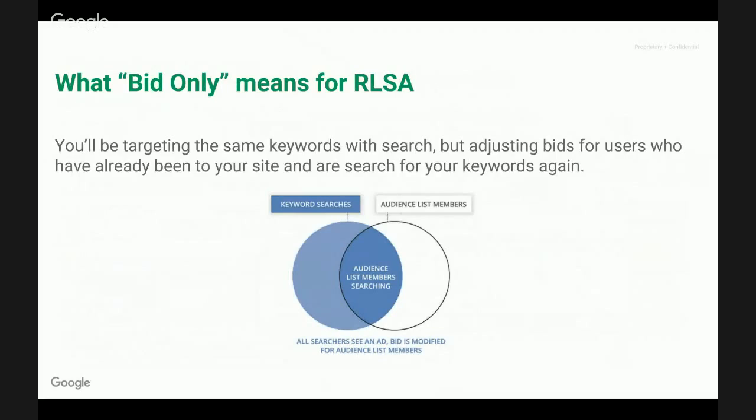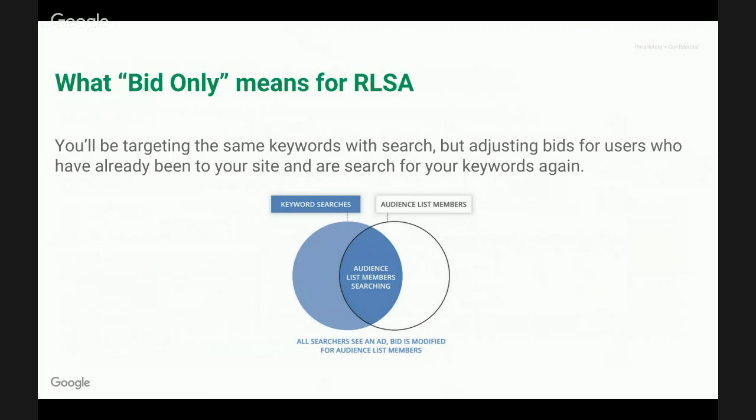So what does bid only mean for RLSA? A simple explanation: bid only basically means that we're targeting the overlap between the keywords and the remarketing list. So we're targeting everyone that we have on the list, and second, they typed one of the keywords that's in the campaign.